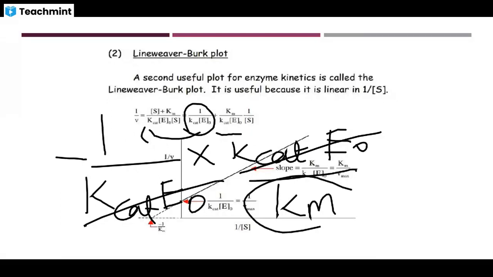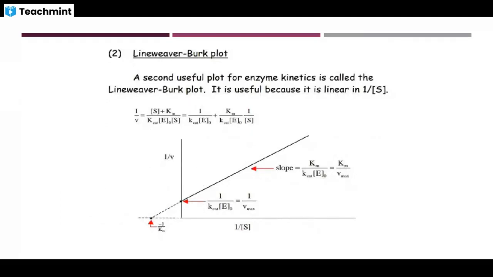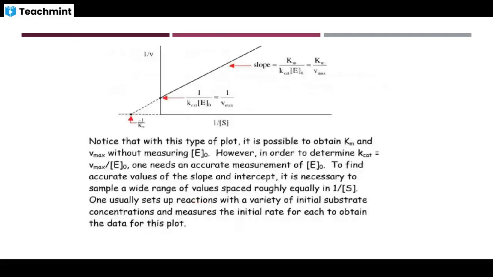Now you understand the difficulty of doing the mathematics. The mathematics is very simple, but doing it in the slide is very hard. That's why I skipped all the mathematics steps. Notice that with this plot it is possible to find Km and Vmax without measuring E naught.